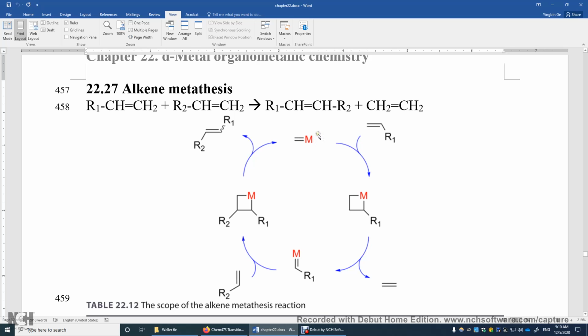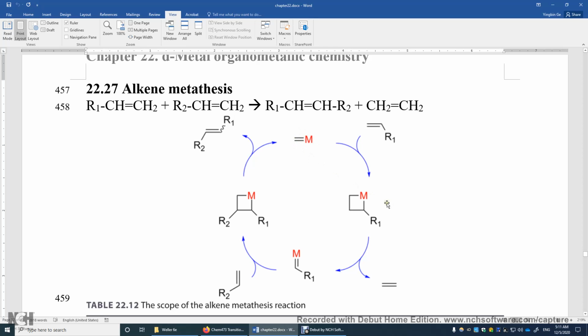So the lobes on the right-hand side can interact with the p orbital of the other alkene molecule. That's why this is a thermally allowed 2+2 cycloaddition reaction, only because this transition metal is not using a p orbital, but a d orbital to form this pi bond with CH2.